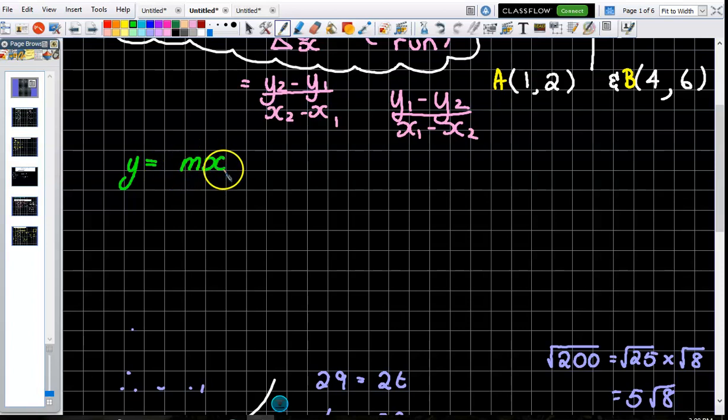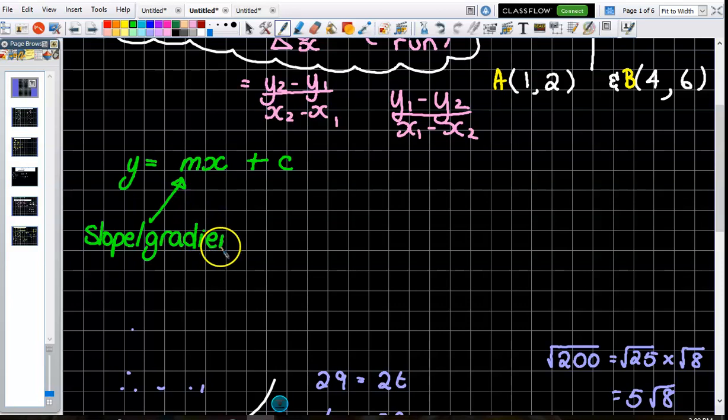And then we want to add a straight line, y equals mx plus c. When it is in this form, what did the m do? Good. Slope slash gradient. When it was positive, that meant it went that way, i.e. increasing is the term that we will now use.